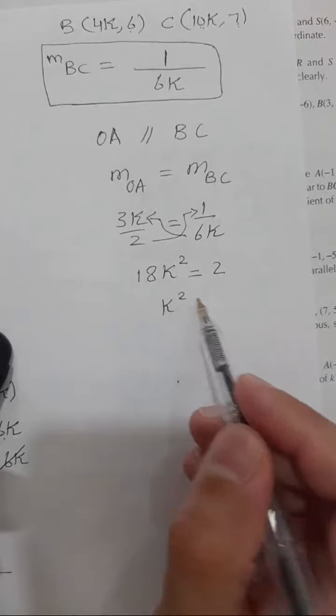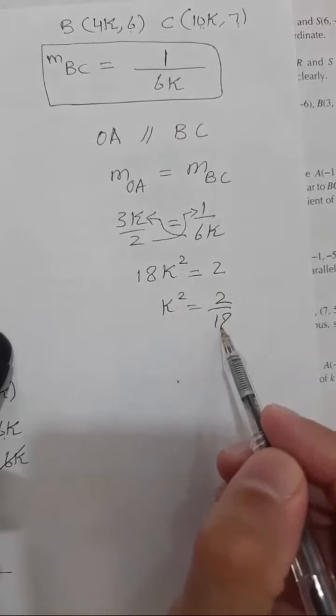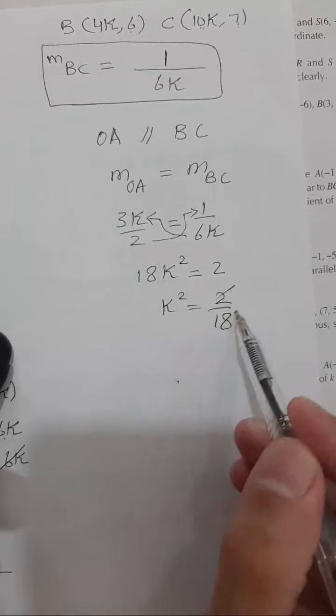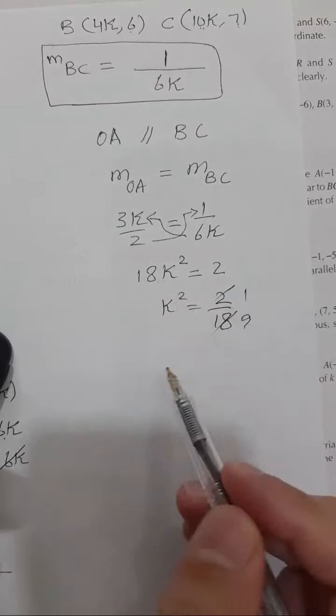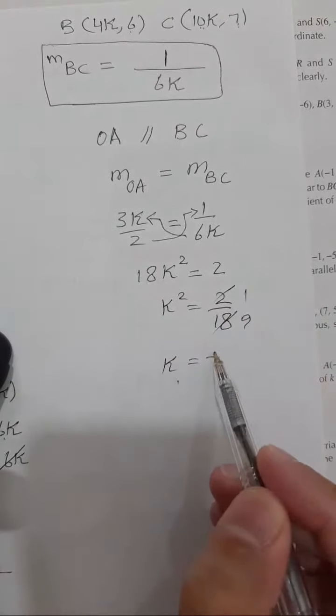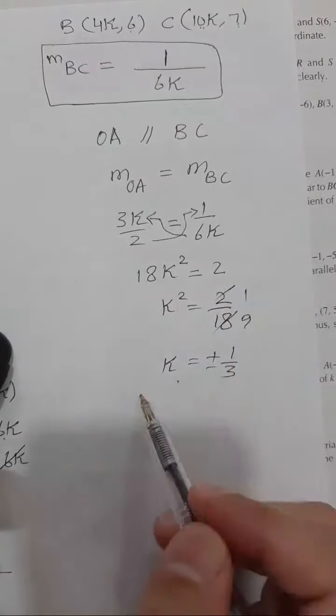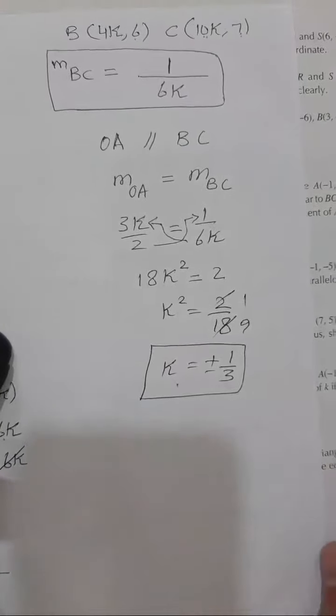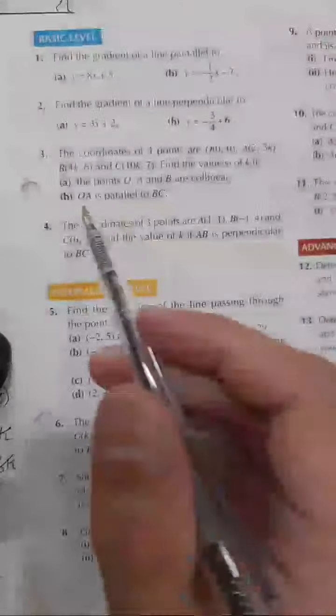From here k square will be equal to 2 over 18, and when you simplify, 2 and 18 cancel, so 1 over 9, and taking the square root will give you plus minus 1 over 3 as the value for k. This is the answer for question number 3.